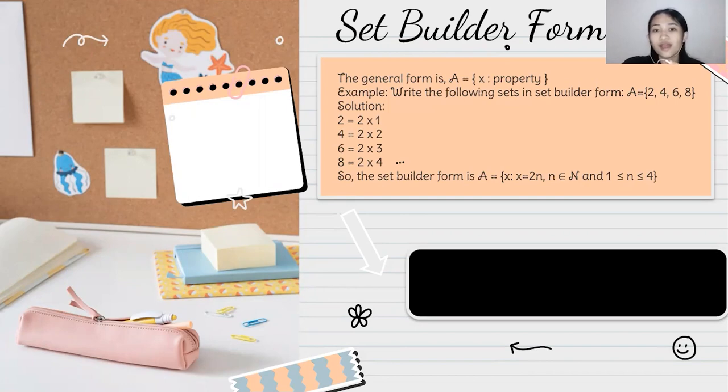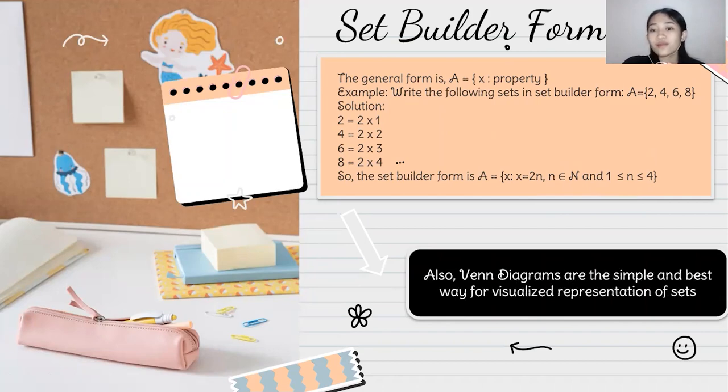Solution: 2 is 2 times 1, 4 is 2 times 2, 6 is 2 times 3, and the last, 8 is 2 times 4. So the set builder form is A is {x : x equals 2 times n, if n is an element of natural numbers, n between 1 and 4}.